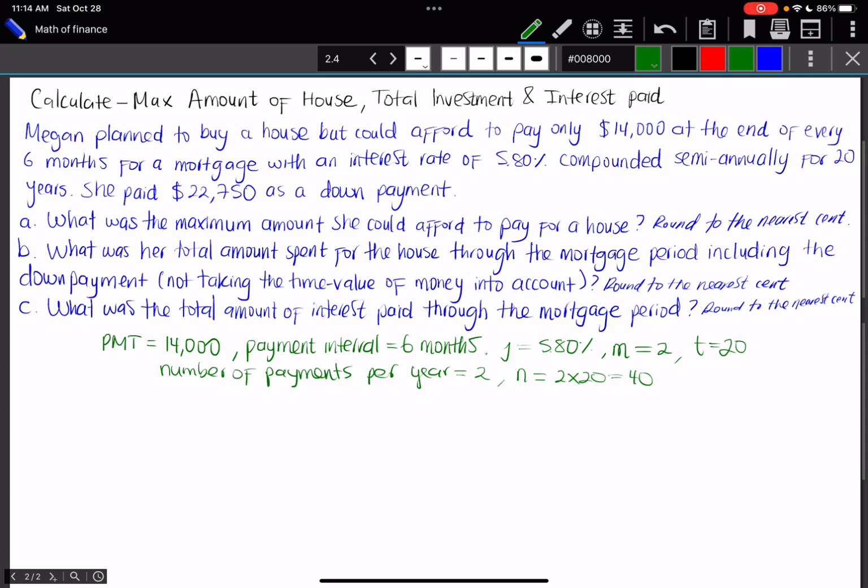Another thing we can say is that the periodic interest rate can be found by doing J divided by M. The periodic interest rate, remember, is the interest rate per compounding period. So we're taking 5.80% and dividing it by 2. And when we do that, we find 2.9%. And 2.9% corresponds to 0.029 in decimal form.